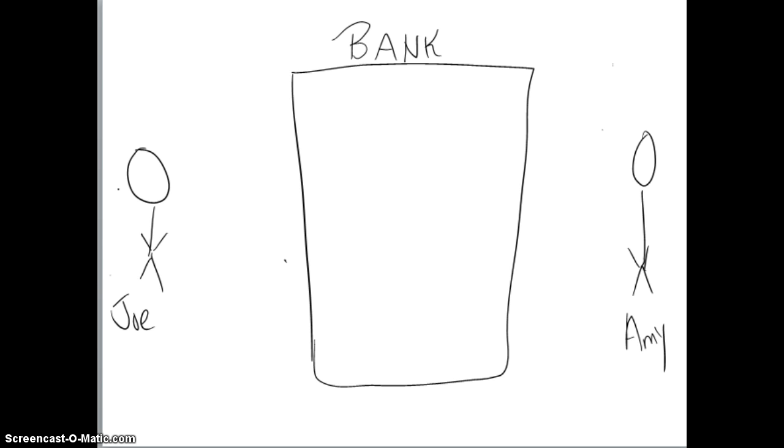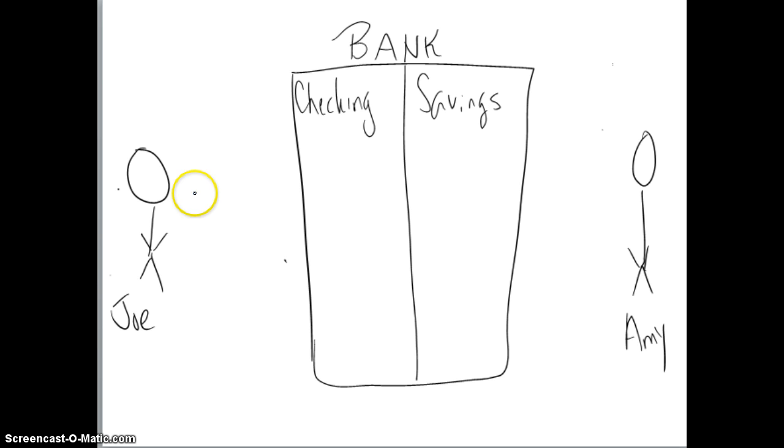Joe is going to have two different types of accounts in this bank. He's going to have a checking account and some type of a savings account. His checking account is going to be where he deposits his pay, which, after taxes have been deducted, is called his disposable income.